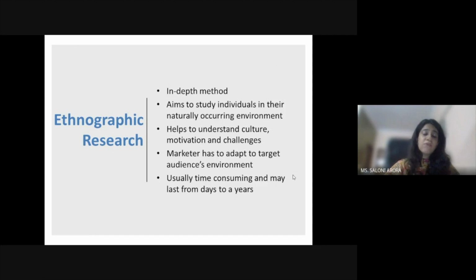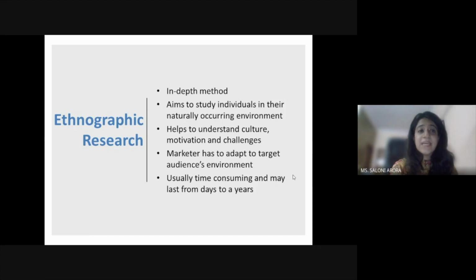So, ethnographic research in itself is a very in depth method because here it's not something that's just going to happen in a 1 hour discussion or half an hour discussion. It's a very time consuming process and it may last from a few days to a few years if you want to understand someone's culture deeply.